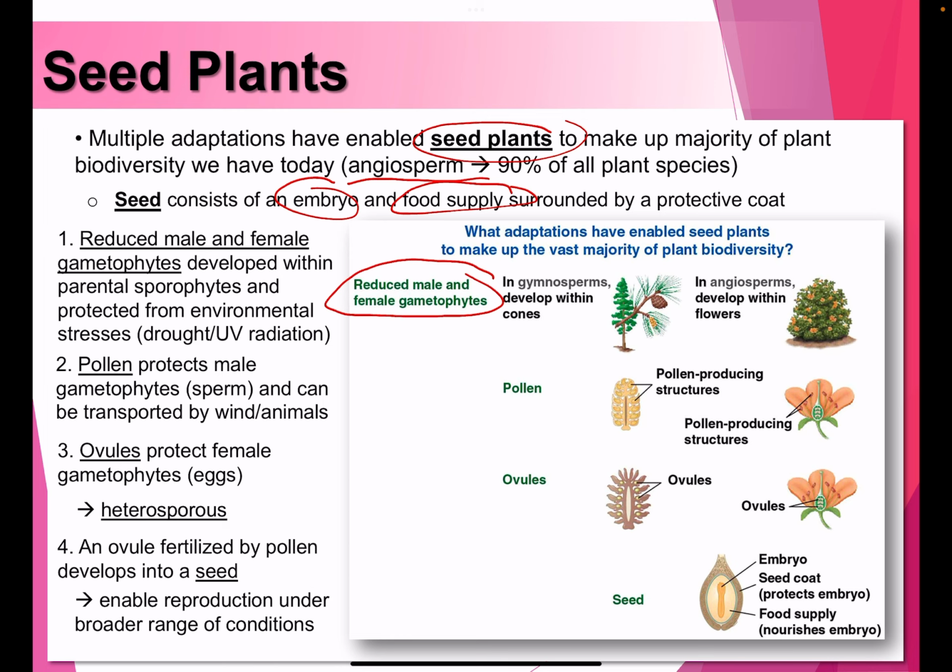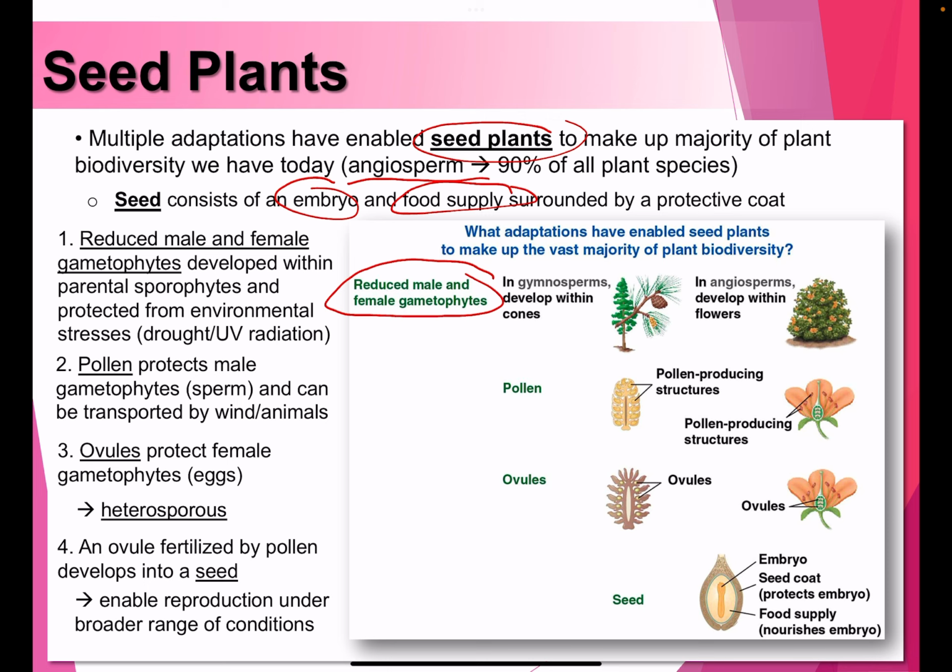And lastly, when we talked about an ovule, okay, the ovule is fertilized by pollen, because we already said the ovule is the egg, pollen is the sperm. And when the ovule is fertilized by the pollen, it will develop into what's called a seed. And we already defined what a seed is. And this is what ultimately enables reproduction under a much broader range of conditions.